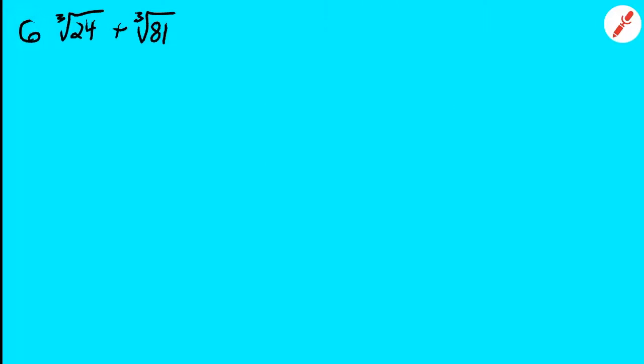Let's do it. Let's break down 24. 24 is 6 times 4. 6 breaks down into 2 times 3, and 4 breaks down into 2 times 2.